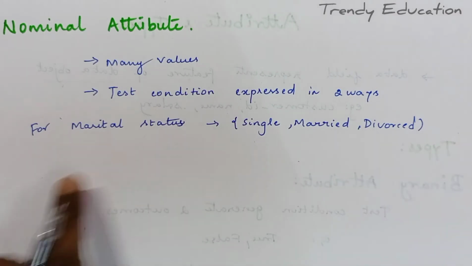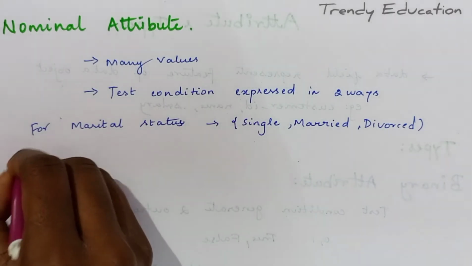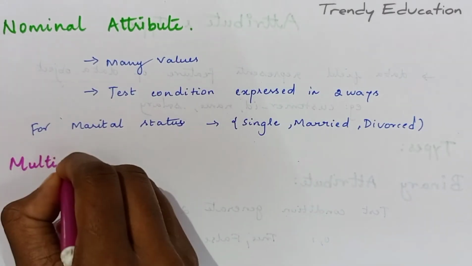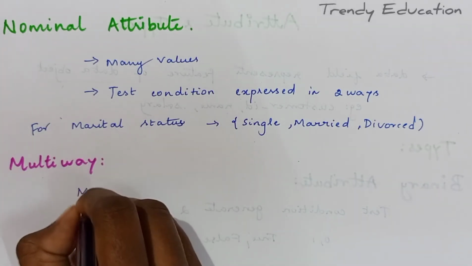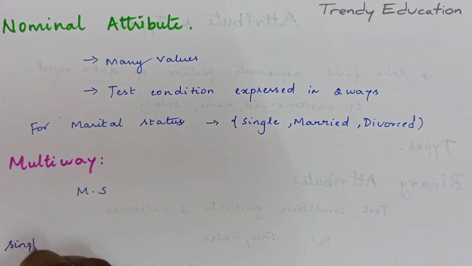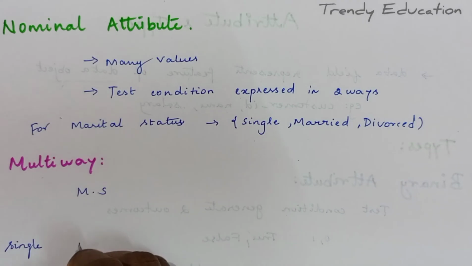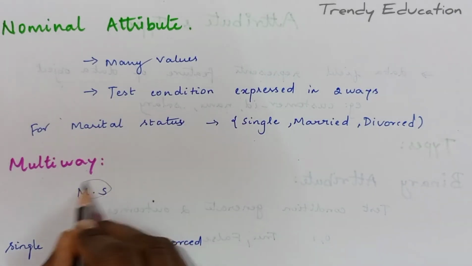Now I'm going to write it in a multi-way split. Using multi-way, I'm going to write the marital status as single alone, married alone, and divorced alone. So this is the multi-way split.